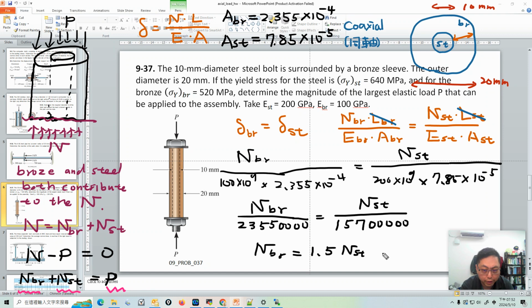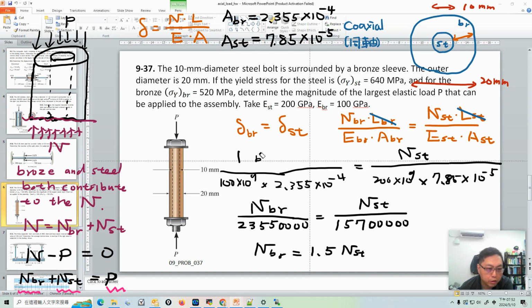Okay, so we use the compatibility equation. We got this relation, and the normal force on the bronze part is 1.5 times the normal force at the steel part. So once again we keep this information.